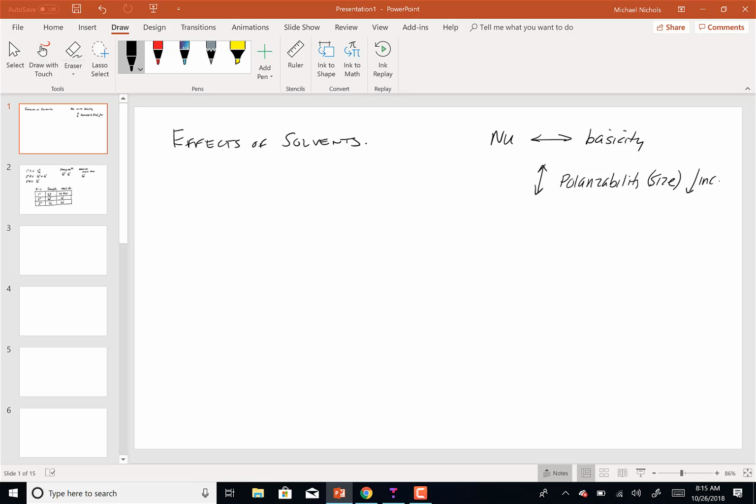Stronger base, stronger nucleophile. Where is it inversely related? Leaving groups. So when it's leaving group, stronger base, weaker leaving group.